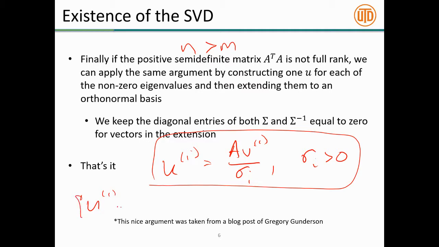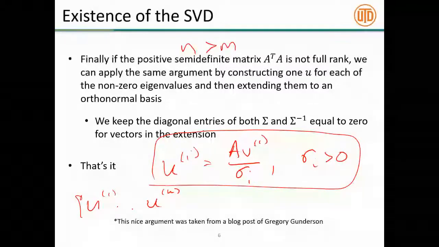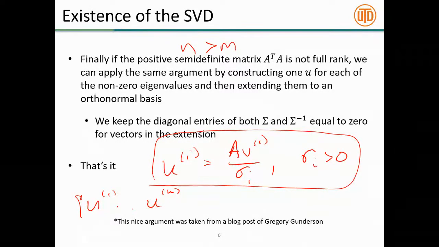This gives us a collection, let's say u1 up to uk, where k is less than or equal to the rank of the matrix A. It's actually equal to the rank of the matrix A transpose A. It's the number of non-zero eigenvalues of A transpose A. And what's left, we extend this collection of orthonormal eigenvectors to a basis of our R^m by padding out the extra bits.